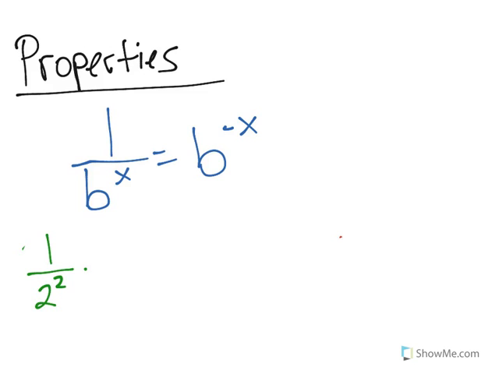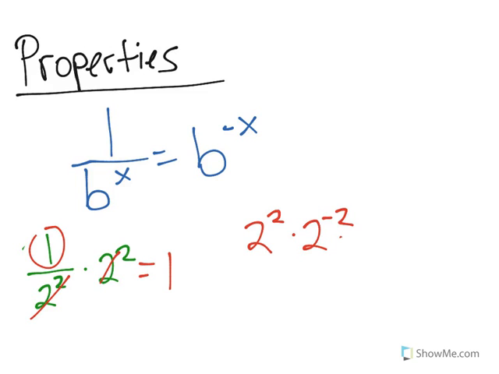If I multiply by 2 squared, these cancel and I just get 1. Likewise, if I have 2 squared times 2 to the negative 2, from the property we just learned, the result is 2 to the 2 plus negative 2, and that's 2 to the 0, which is 1. So now that we've seen the properties, let's do some examples and use them.